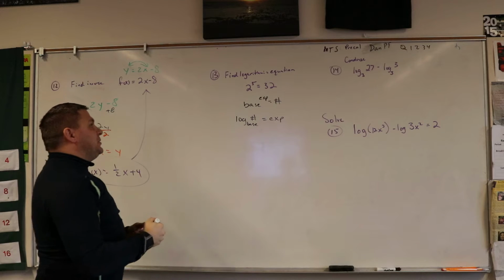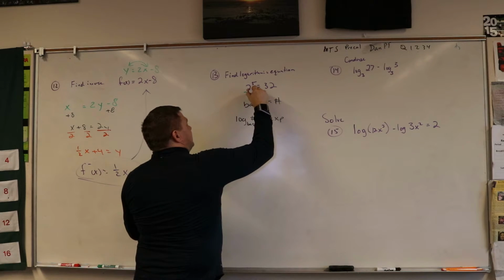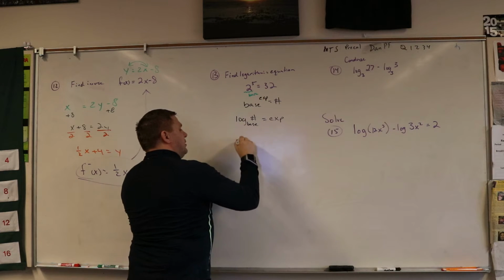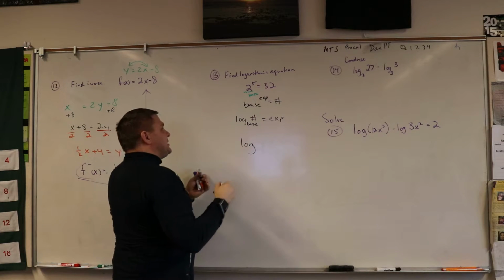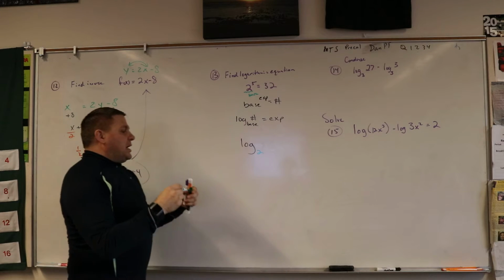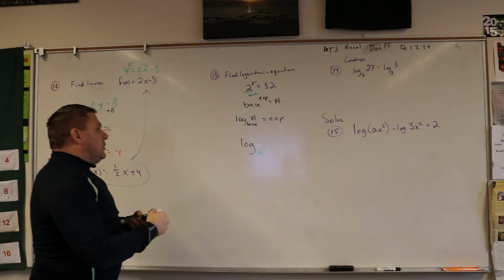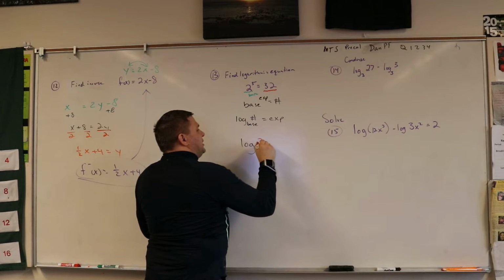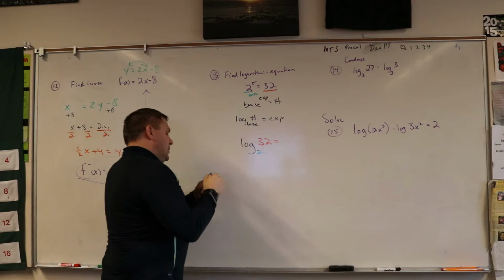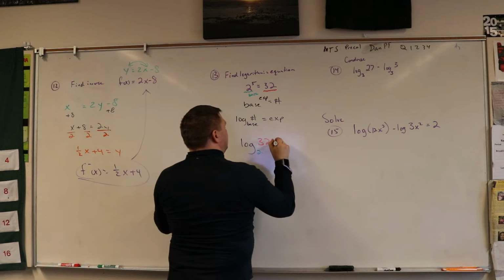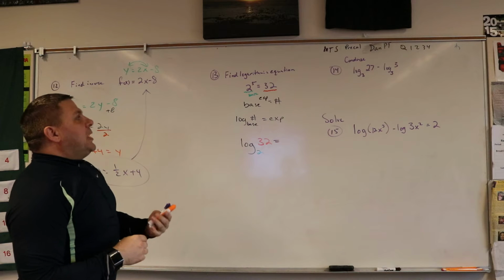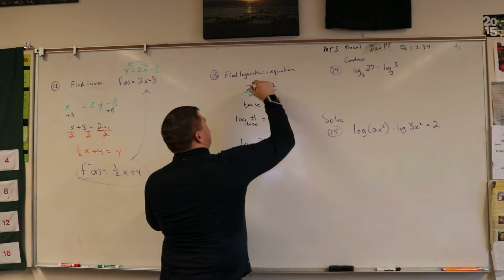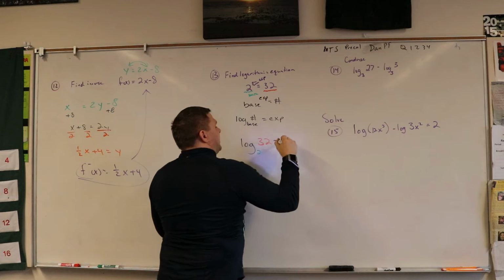And so what we can do is just use this. My base, so I have log base 2. Okay? My number is 32, and that equals my exponent, which in this case is 5.